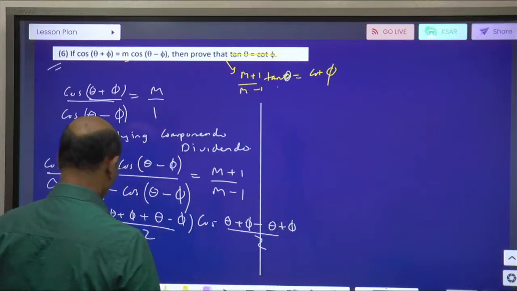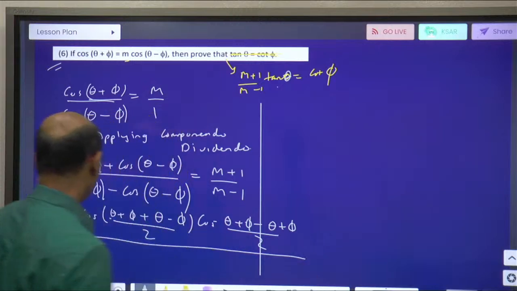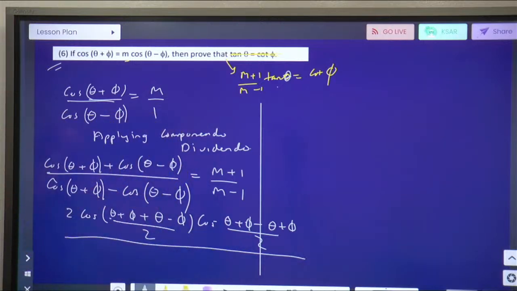Same thing like the previous question, upon cos C minus cos D.